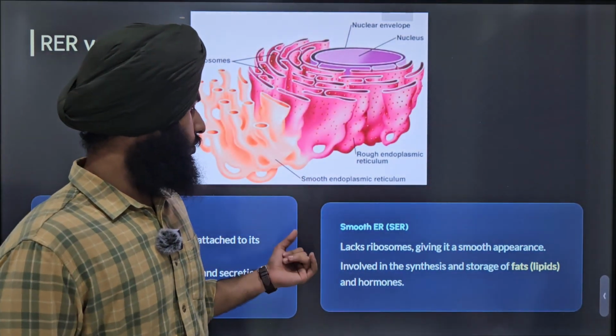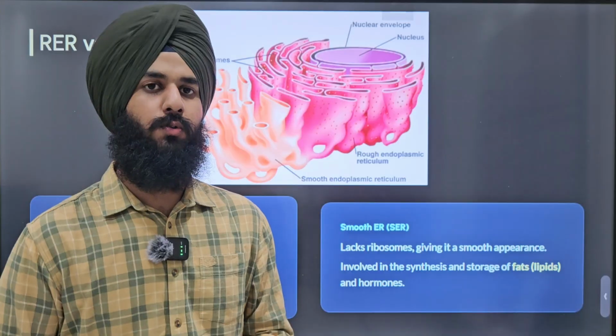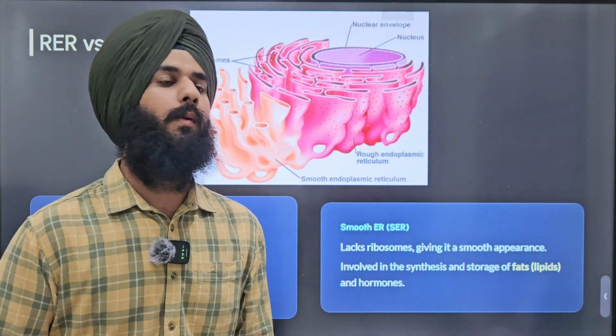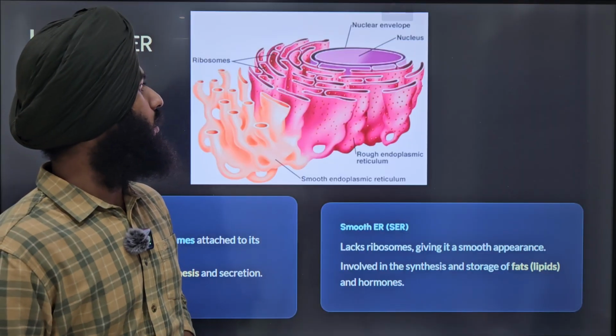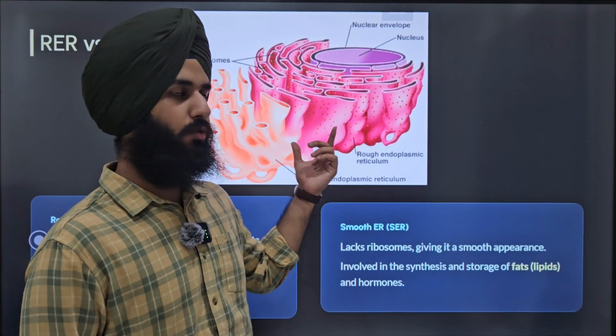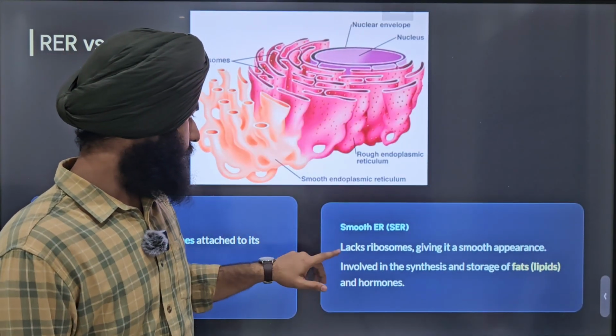Its appearance is smooth, and this appearance is viewed under an electron microscope. So you cannot see this under a normal microscope or with your naked eye, but when you observe the ER under the microscope, you will be able to spot an RER and an SER.